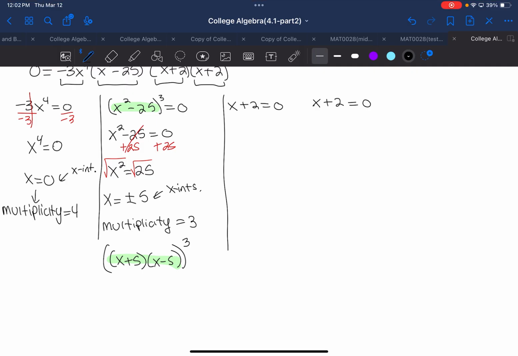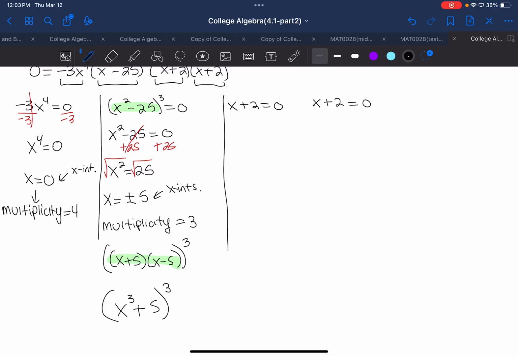So I'm going to say for the purposes of this class, yes, the answer to your question is yes, it doesn't matter because you won't be given something that isn't factored within an exponent. Like, for example, if you got something like x cubed plus 5, all cubed, this would be a different story.